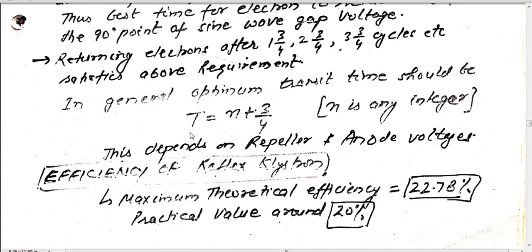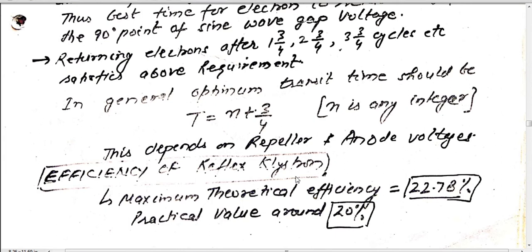So this is the best suitable transit time for the electrons. This depends upon the repeller and the anode voltage. So this returning time or optimum transit time will be a function of the repeller and the anode voltages.